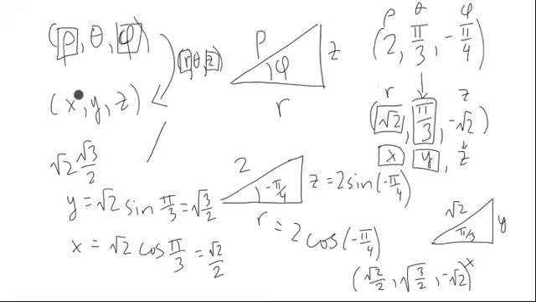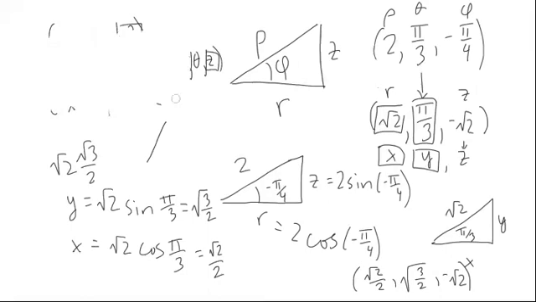Phi, let's think about what phi means. Phi is an angle that goes from the xy plane, either up or down. Notice that it's going down because it's negative. So if we have x, y, and z, we're going to be going down.